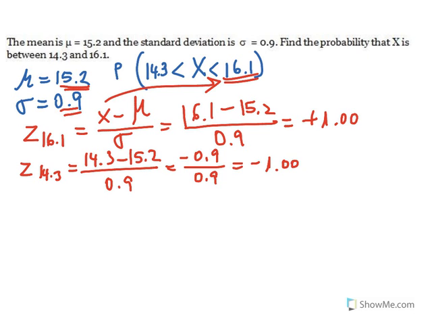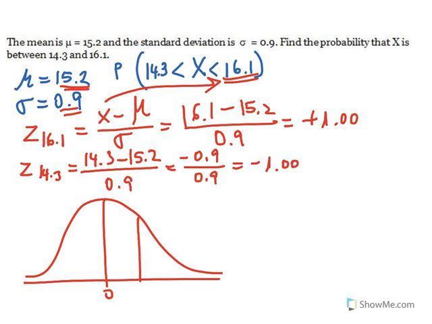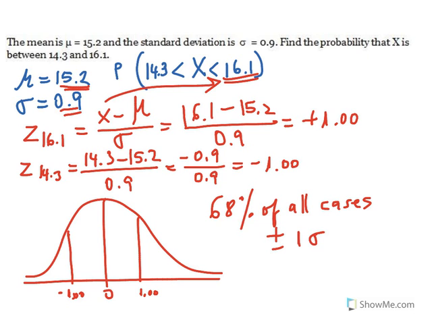Okay, so this is kind of intuitive for you now to understand that these two values fall right here, between 1 standard deviation, or 1z, and minus 1z, or 1 standard deviation below the mean. So we already know from the empirical rule that 68% of all cases fall between plus minus 1 standard deviation, or 1z. So this is plus 1, minus 1.